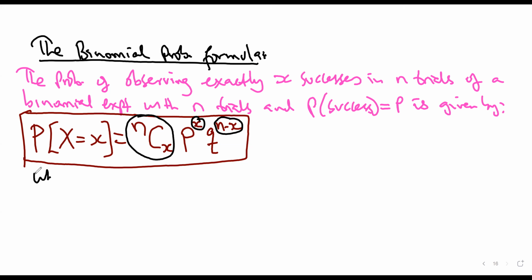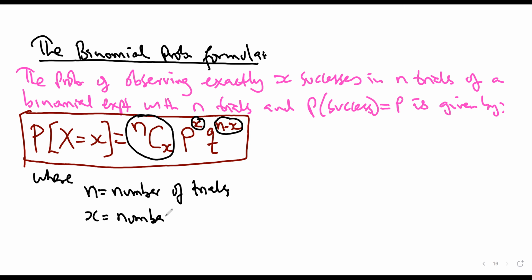Where N is the number of trials. Okay, X is the number of successes.